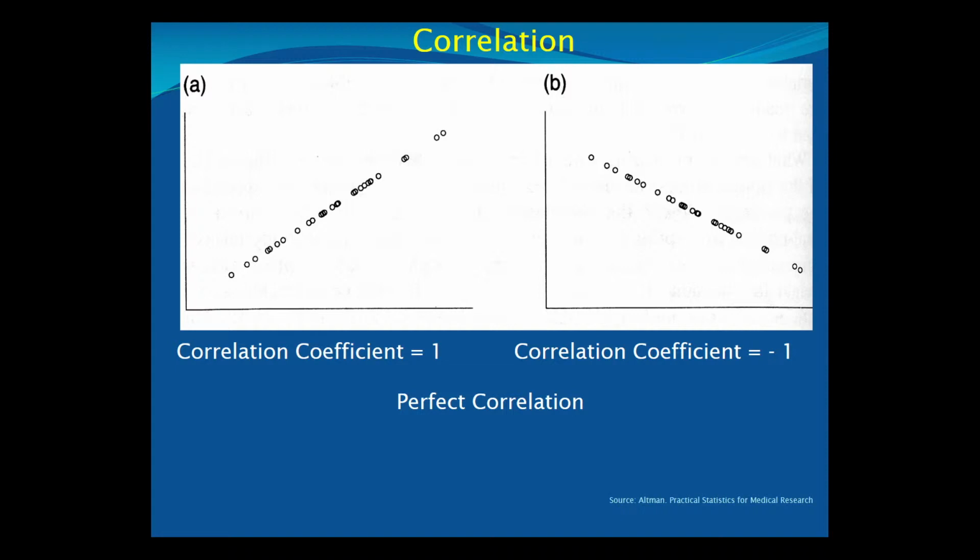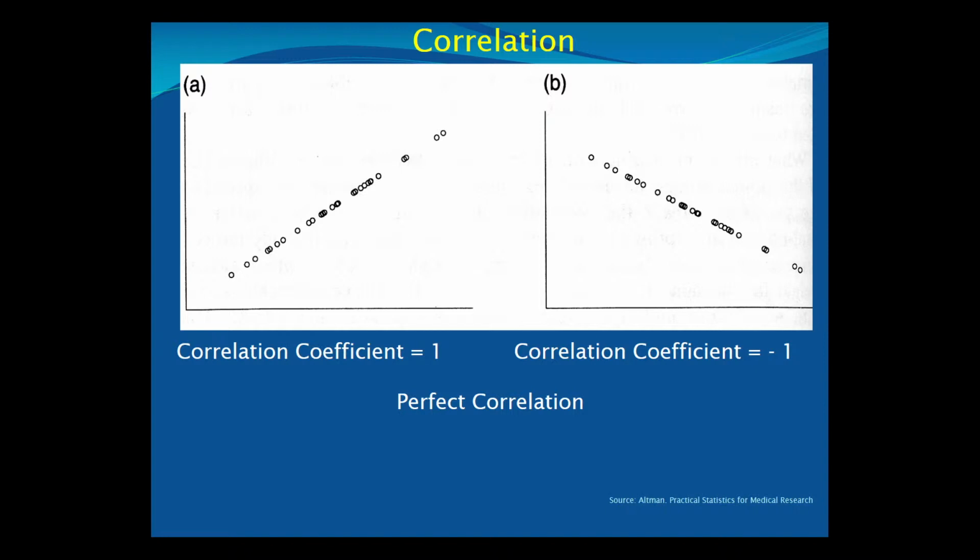In these graphs, you see two different correlations between two variables. In graph A, the correlation coefficient equals 1, the maximum correlation coefficient. Look at this graph. All points go upward and all points are allocated on some invisible straight line. In graph B, you see a correlation graph for a correlation coefficient equal to -1.